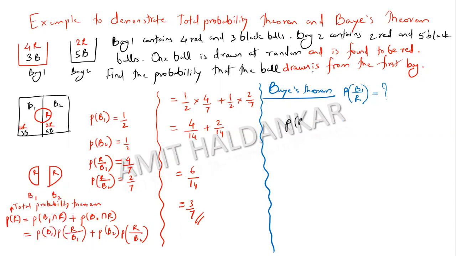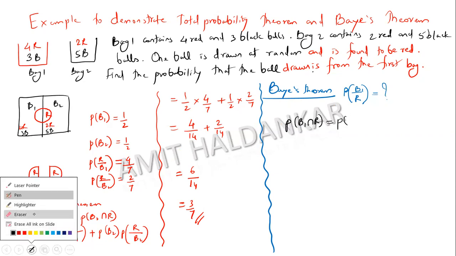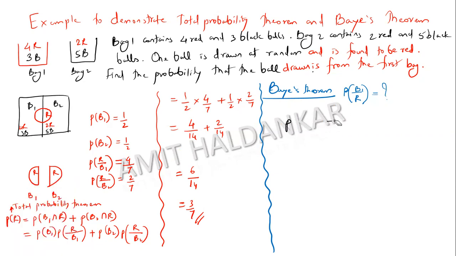So P of B1 intersection R will be... P of B1 upon R. If I look at P of B1 upon R, then R becomes the sample space, and in the numerator, you will get the intersection of B1 and R. This is exactly what conditional probability is.